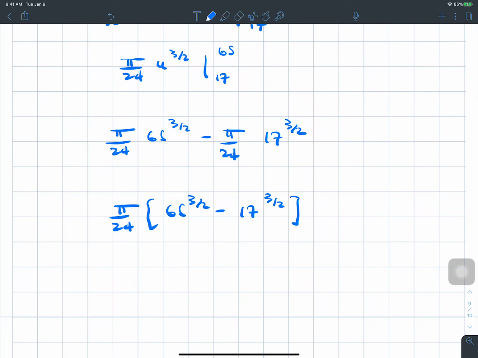And what that looks like, so you guys know, use the definition. This is going to be 65 times the square root of 65 minus 17 times the square root of 17. And we're done.